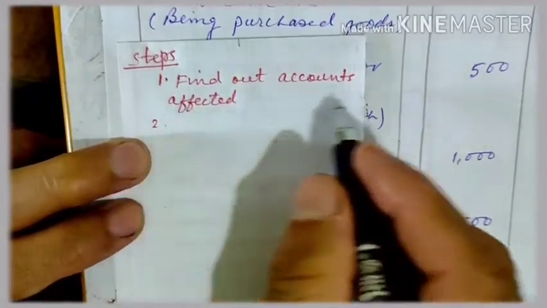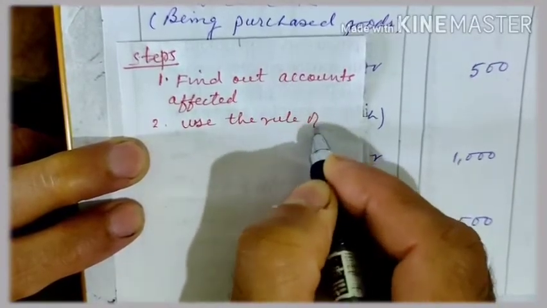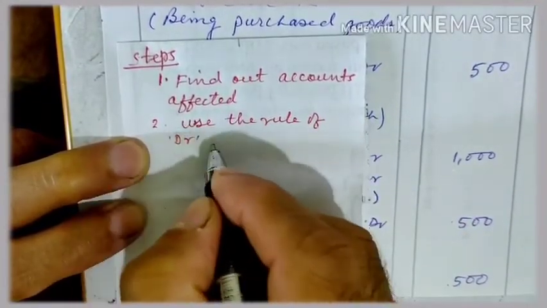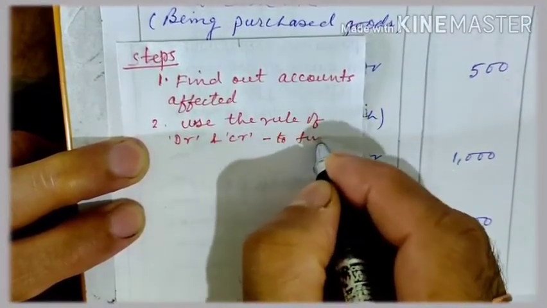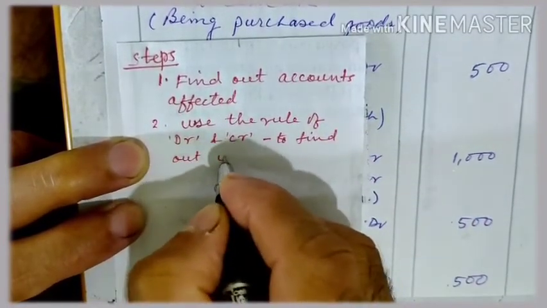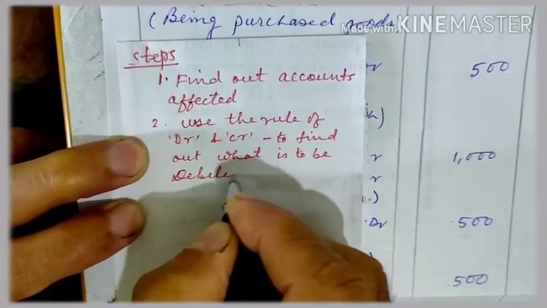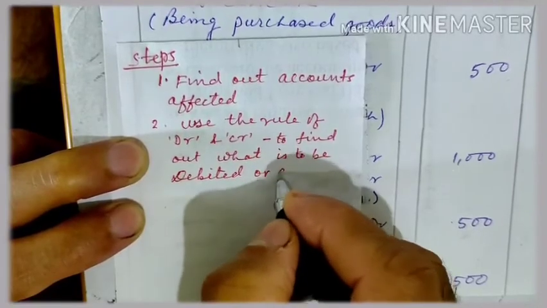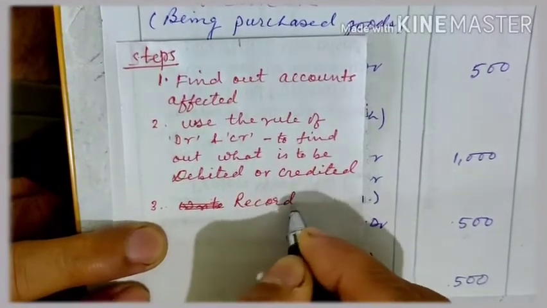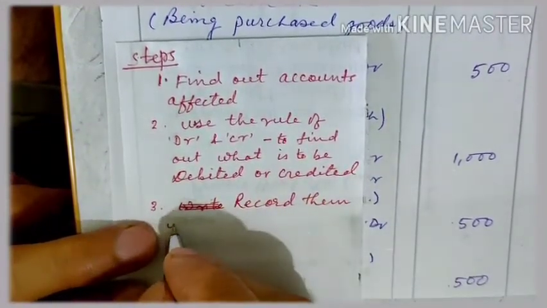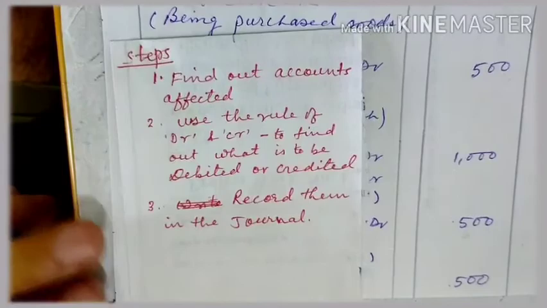Number two, use the rule of debit and credit to find out what is to be debited or credited. Then number three, record them in the journal. Record them in the journal.